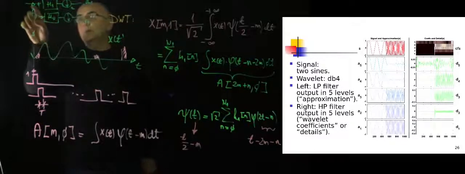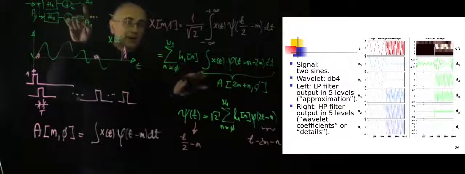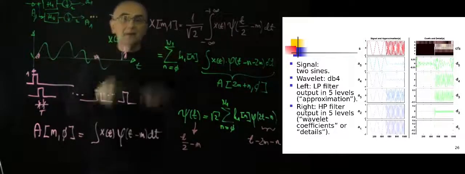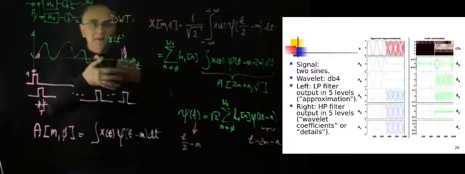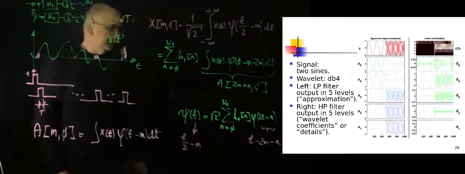So if we had 1000 samples right here, we have 500 samples that are almost zero everywhere except for one place in the middle where the two sines are connected, where there is a kind of discontinuity in the signal.